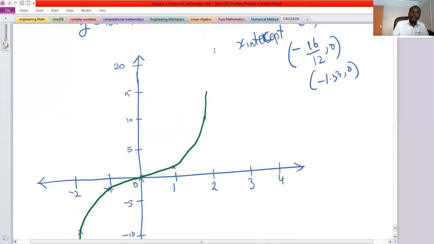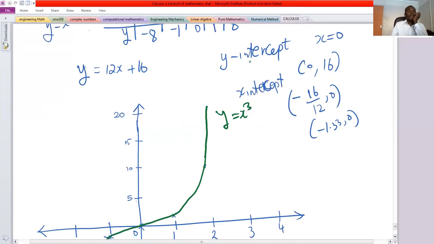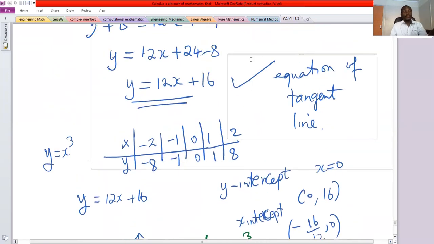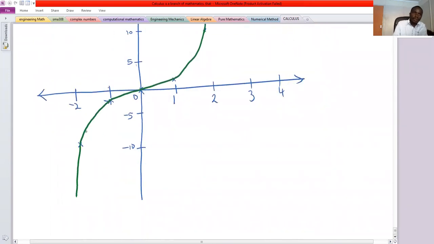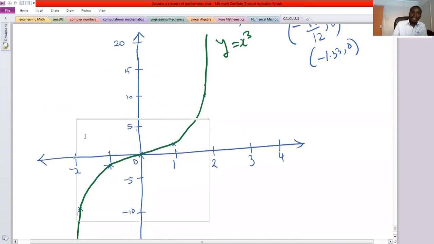This is a cubic graph given y equals x cubed. And then the tangent was to be drawn at the point minus 2, minus 8. So at this point here, the x-intercept we found to be negative 1.33, so it will be some point here. And then the y-intercept is 16.